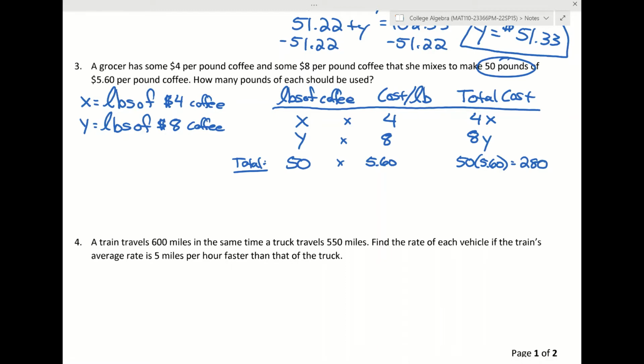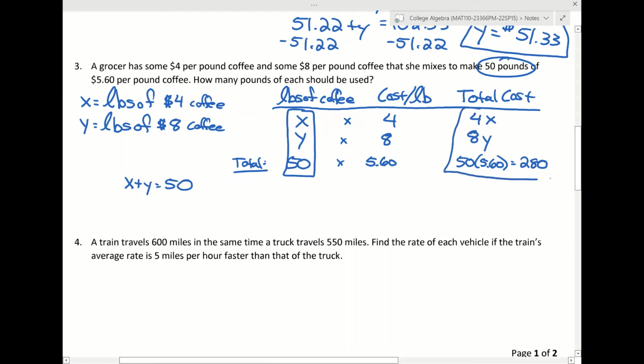So going back to how we handled the acid, do you guys remember doing those acid problems with the dilution and stuff? We did that before exam 1. Once we make a table like this, we could say that the total pounds of coffee, so we could say X plus Y equals 50. We have the pounds of $4 plus the pounds of $8 equals 50 total pounds. And that should equal the total cost.